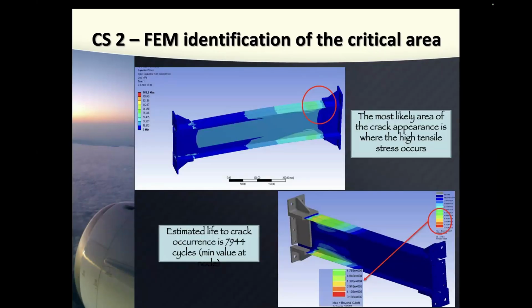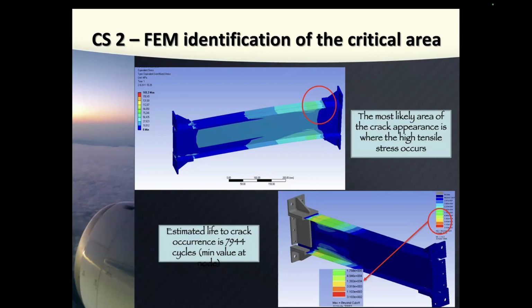Okay, first, I did this later, honestly, because again, at that time we didn't have ANSYS. But I wanted to prove that this is really the area where the crack will appear, but it's logical. Come on, this is a kind of clamp here, and then the stress is highest in the root, which is fixed here, okay? So obviously this is the area where you should expect the crack to occur.